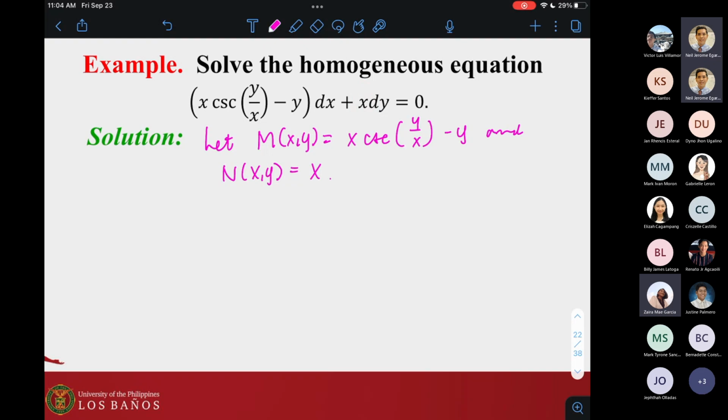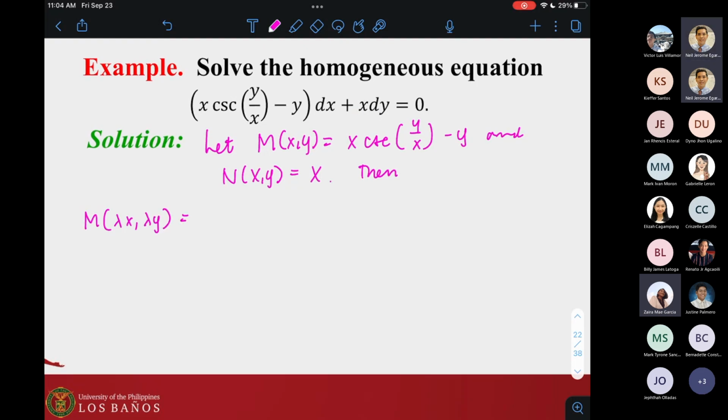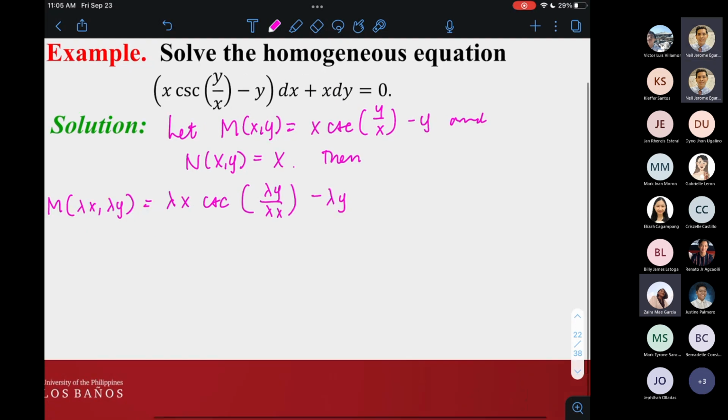Okay. Then, let's check if they are homogeneous, and hope that they are homogeneous of the same degree. So to check whether M is homogeneous, kunin ko yung M of λx, λy, and put that inside M. So we'll have λx times cosecant of λy over λx minus λy.